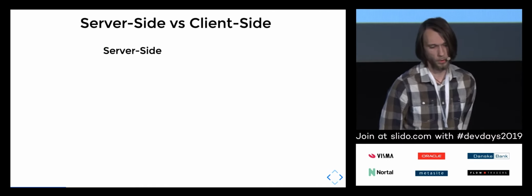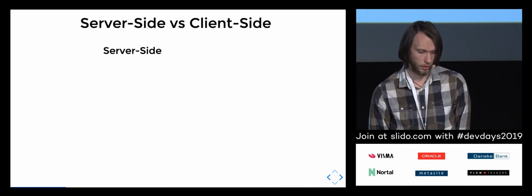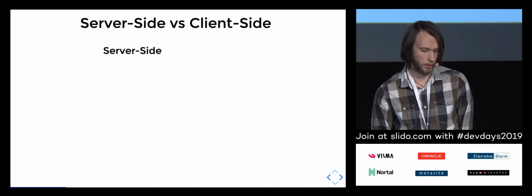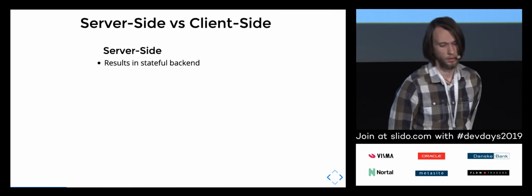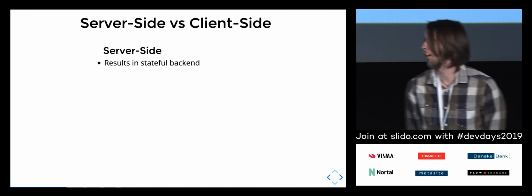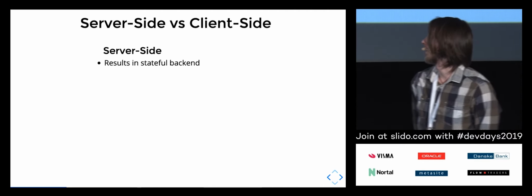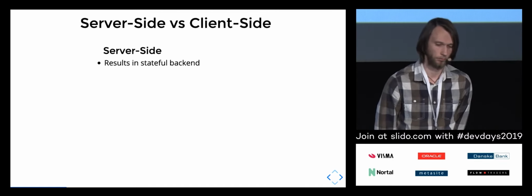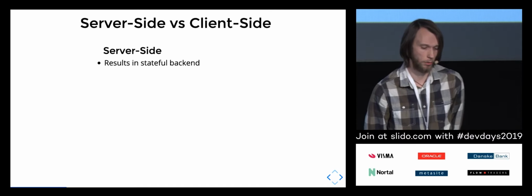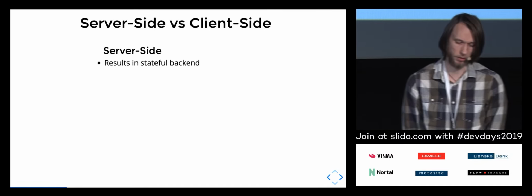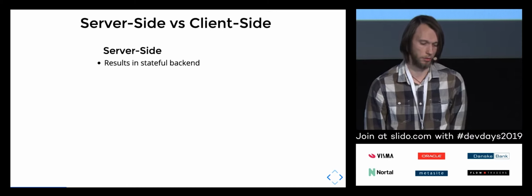When we are speaking about server side, we need to take into account that all results are always in a stateful backend. That's why probably we are all migrating from server-side session to client-side session.